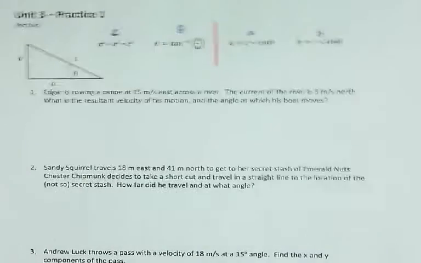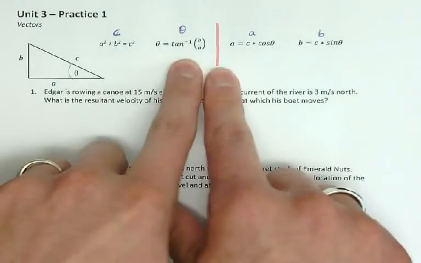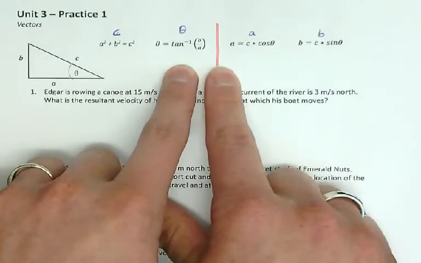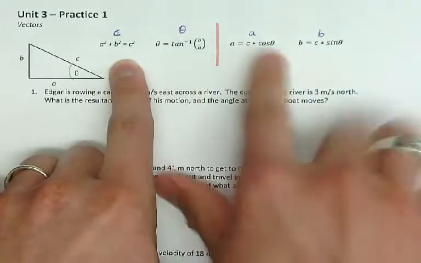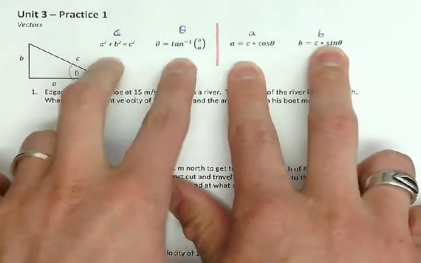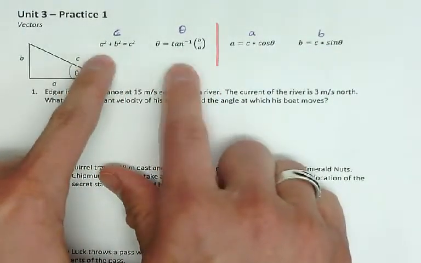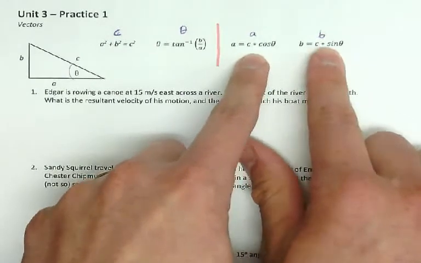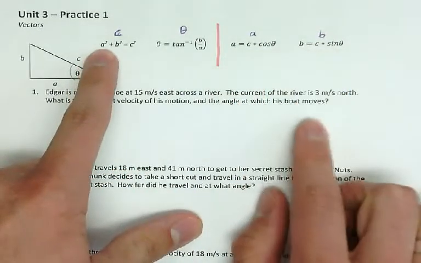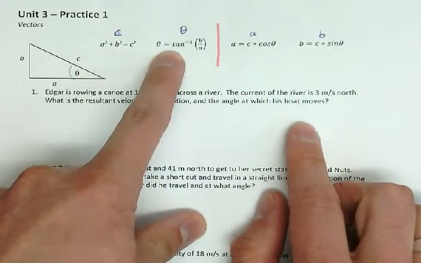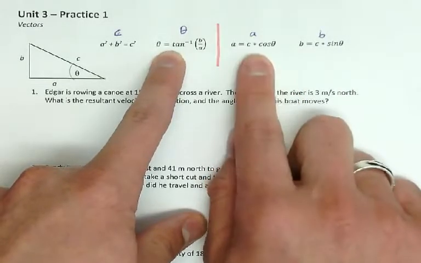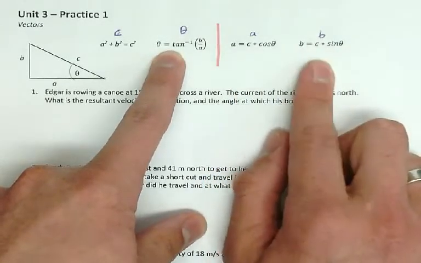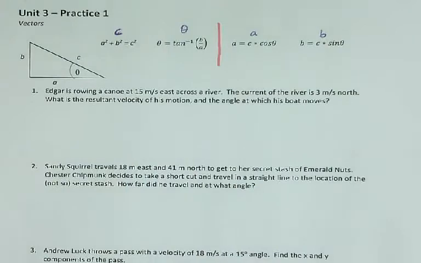I gave you a little bit of a hint this would be helpful to put on your paper. I divided the left 2 and the right 2. The reason is you will always use these two together and you will always use these two together. Okay? This is how you find C. This is how you find theta. This is how you find A. This is how you find B. Now, is it possible to do other things to find them?